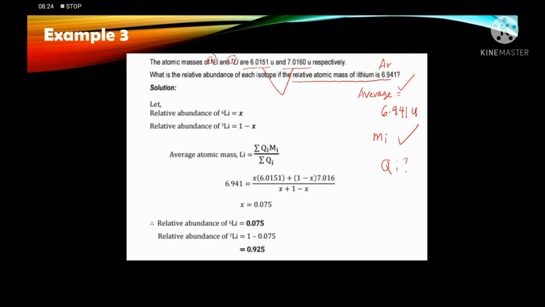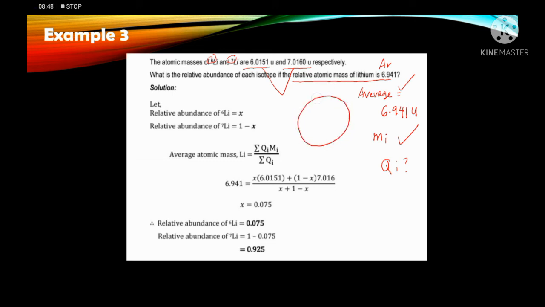Can you get it? Okay, so because we have 2 different isotope for lithium, we need to put an unknown. Okay, so the first unknown we identify as X. So the abundant of the first isotope is X, and the abundant for the second isotope is 1 minus X. It's something like this, sayang.